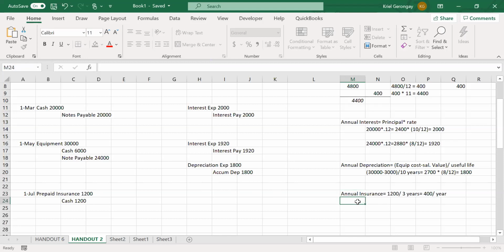Since we only bought this insurance on July 1st, we didn't use the entire 400 for the year 2020. We only have to recognize the insurance that we used from July to December, so we multiply this by 6 months, 6 over 12. So it'll be 200.